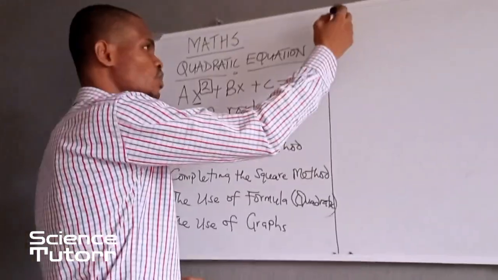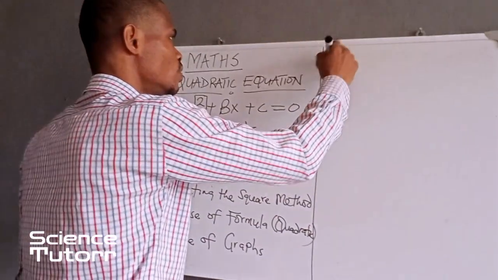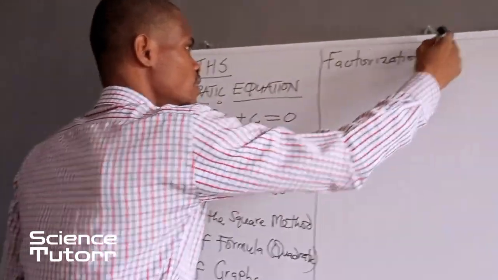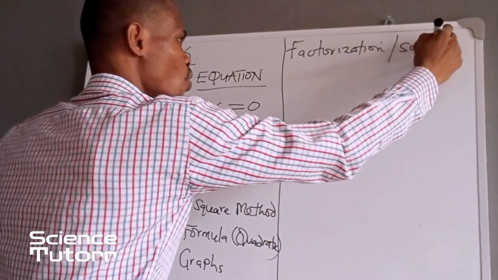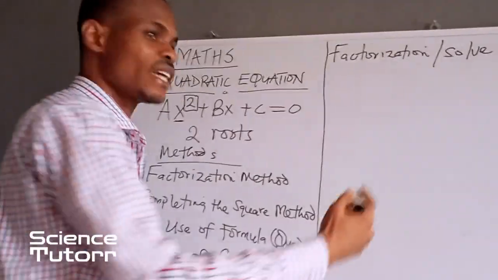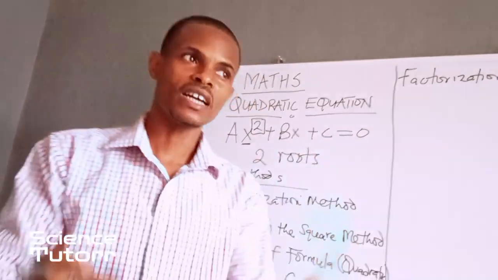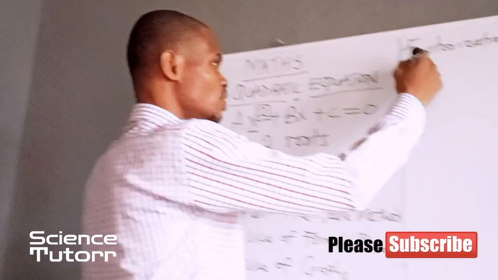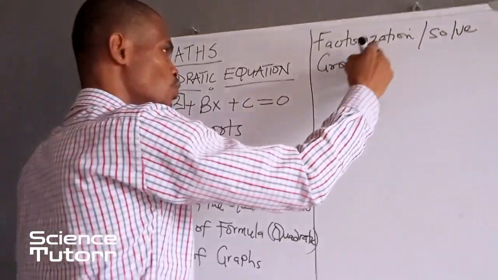Now, for factorization, there are 2 key words I want us to take note of: factorization and solve. Factorization has to do with grouping. To factorize an equation simply means to group.